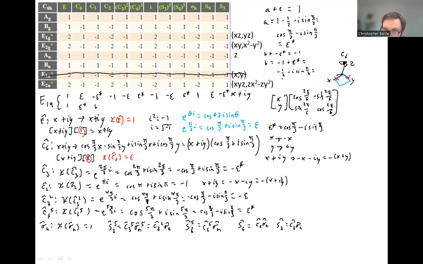Well, this we can just write -1/2 as negative of cosine pi over 3. And we still have the minus i sine pi over 3 part.